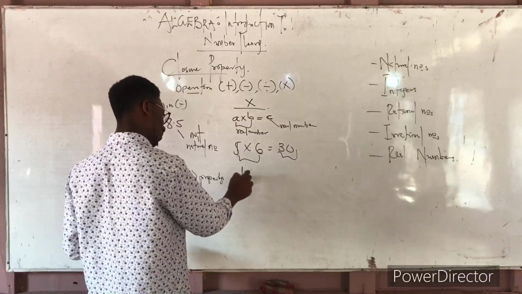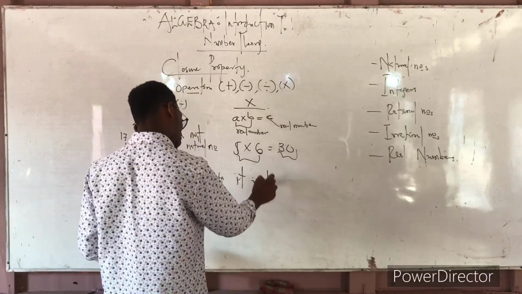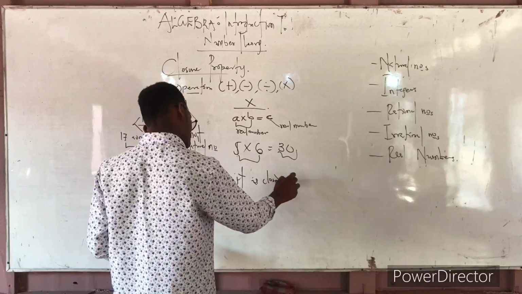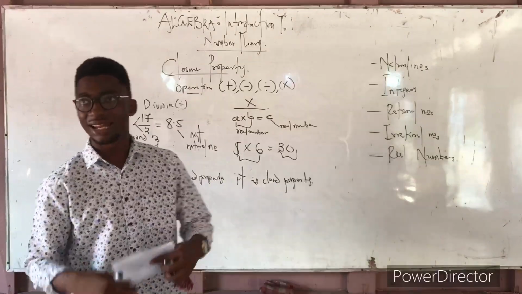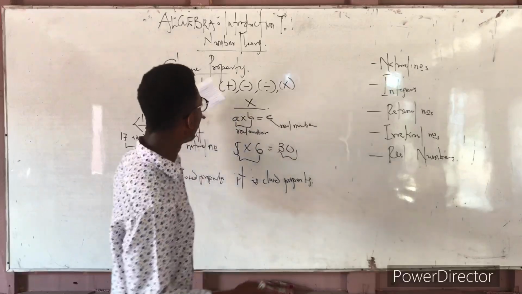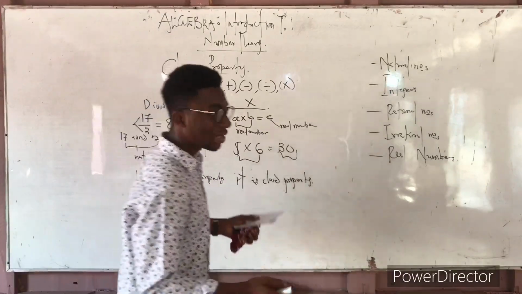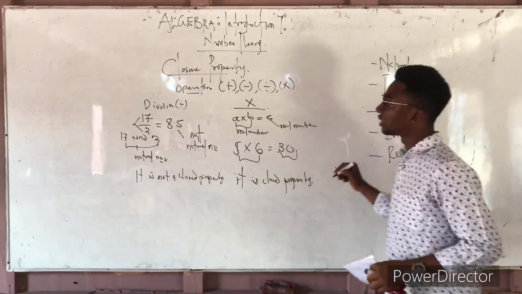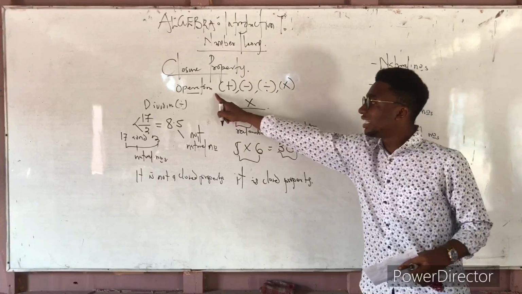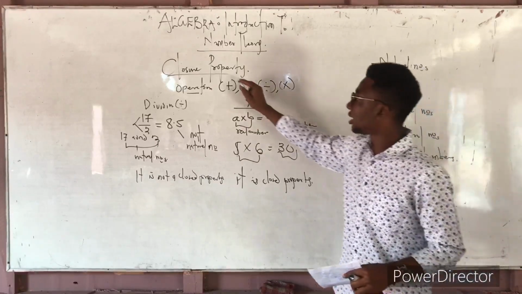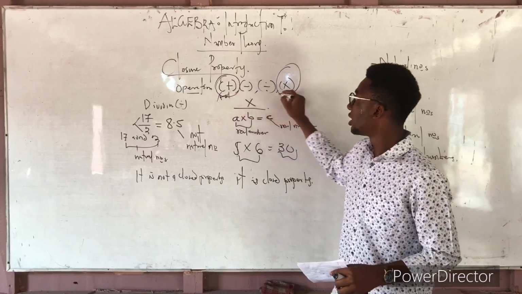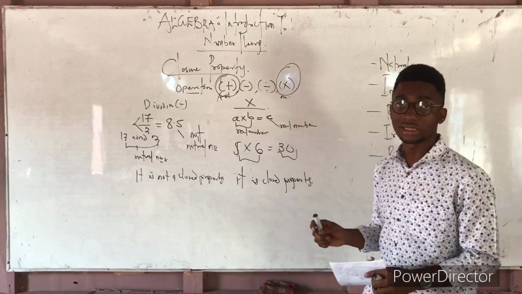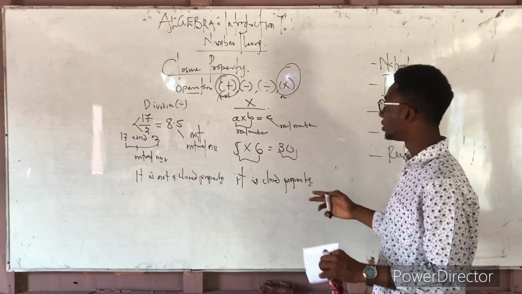Therefore, multiplication is a closed property. So this is just a little introduction to the closure property. Our conclusion is that under these operations, only addition and multiplication have the closure property.